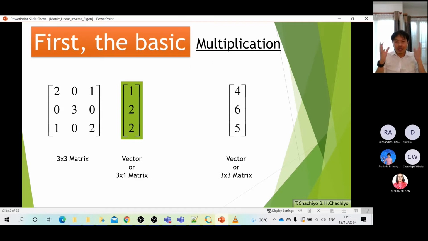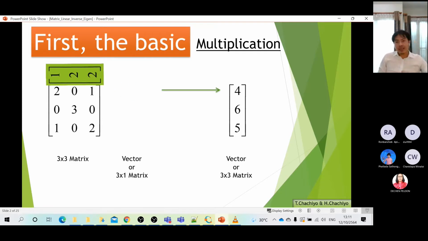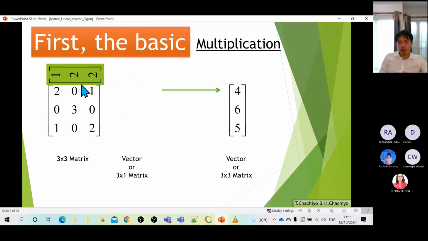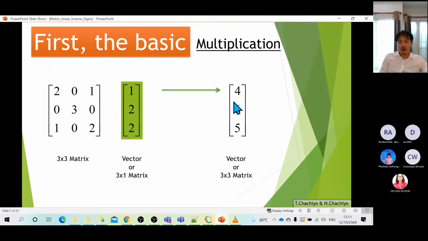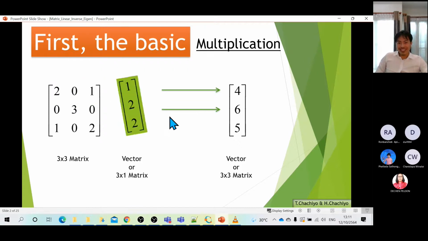The way I would do that in my head, I can visualize this multiplication by imagining that we rotate the vector around a little bit and then just cross multiply the numbers: 2 times 1, 0 times 2, and 1 times 2, then add them together, you get 4. Let's do it again for the next row: 0 times 1 plus 3 times 2 and 0 times 2, you get 6.